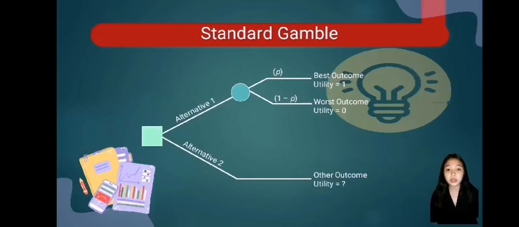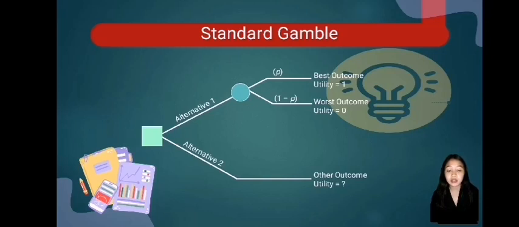So looking at the standard gamble figure, you can see that the expected utility of alternative 2 is equal to the expected utility of alternative 1. And the utility of the other outcome is equal to P multiplied by the utility of the best outcome, which is 1, plus 1 minus P multiplied by the utility of the worst outcome, which is 0.